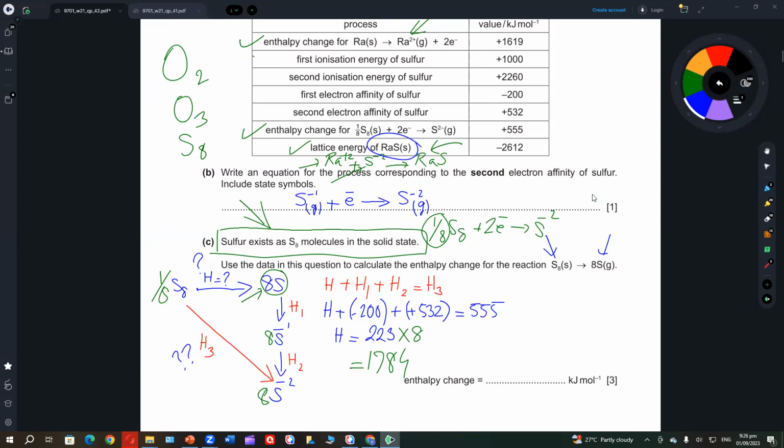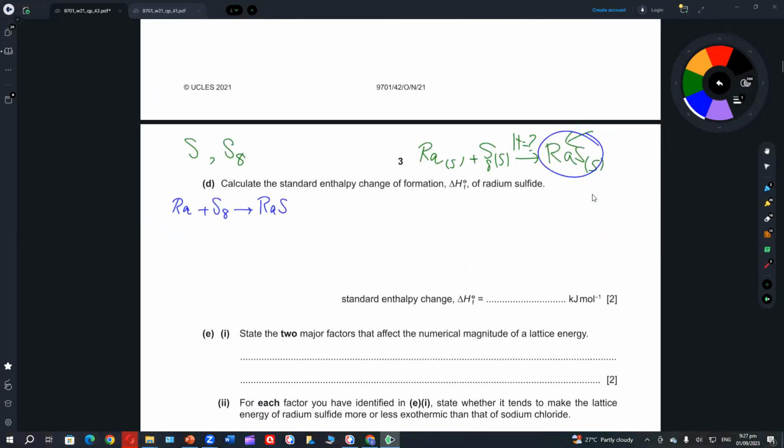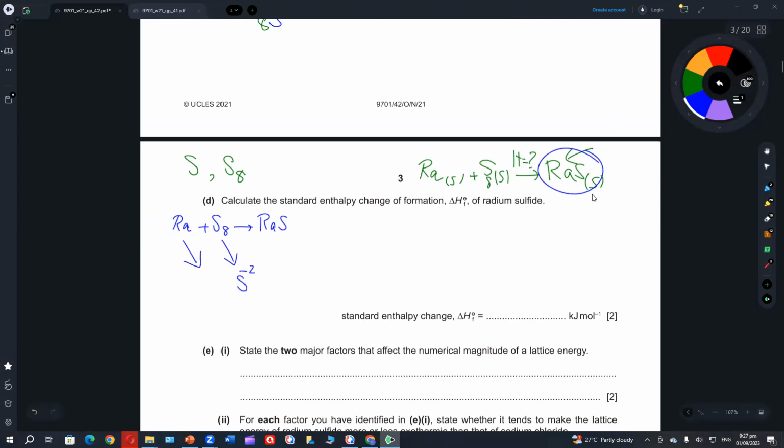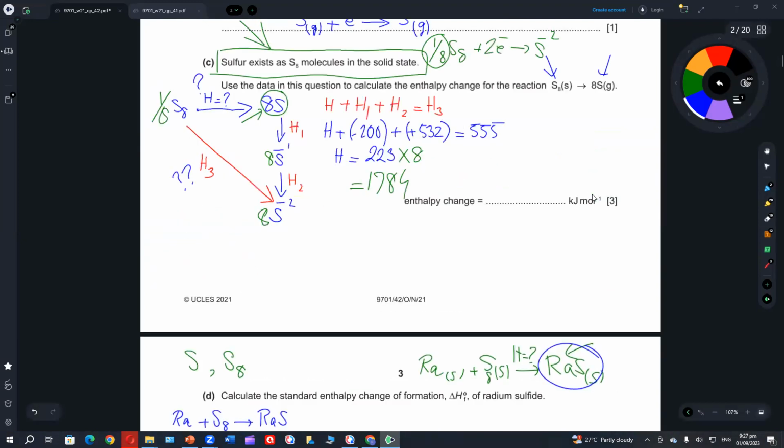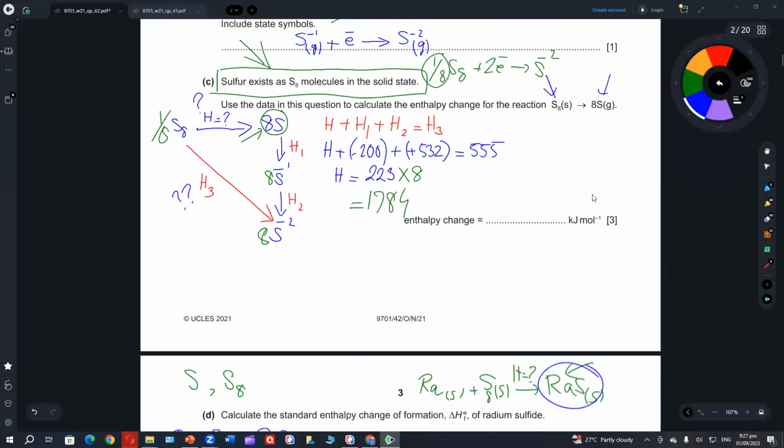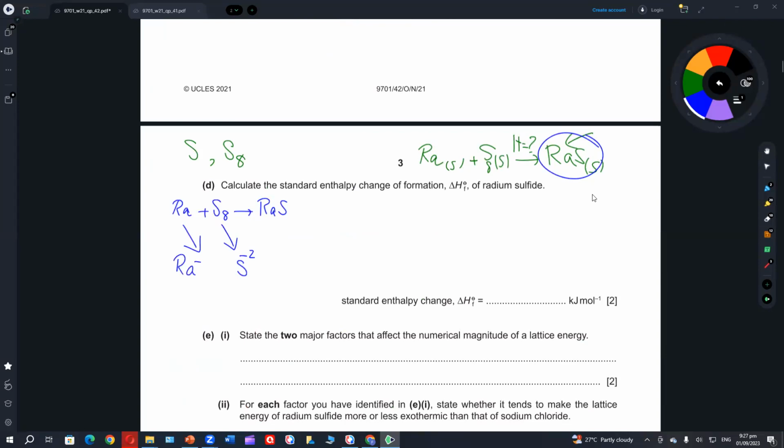So if I ionize sulfur here and I get S2-, and if I atomize Ra, if I add them, I will get this equation.